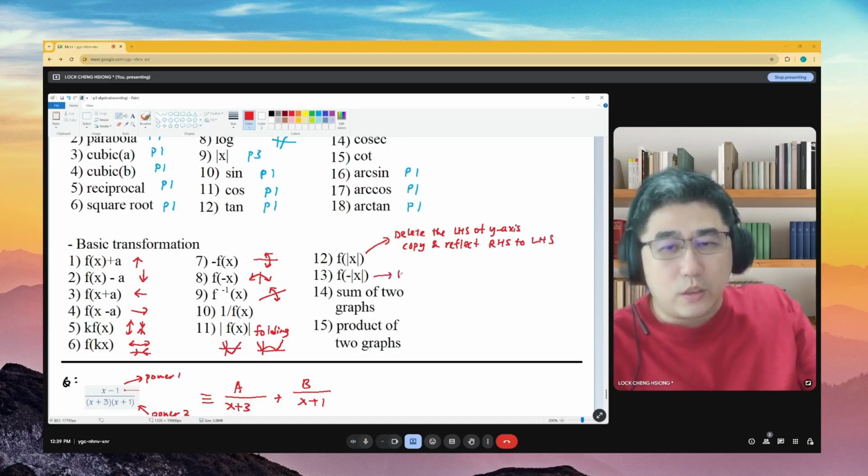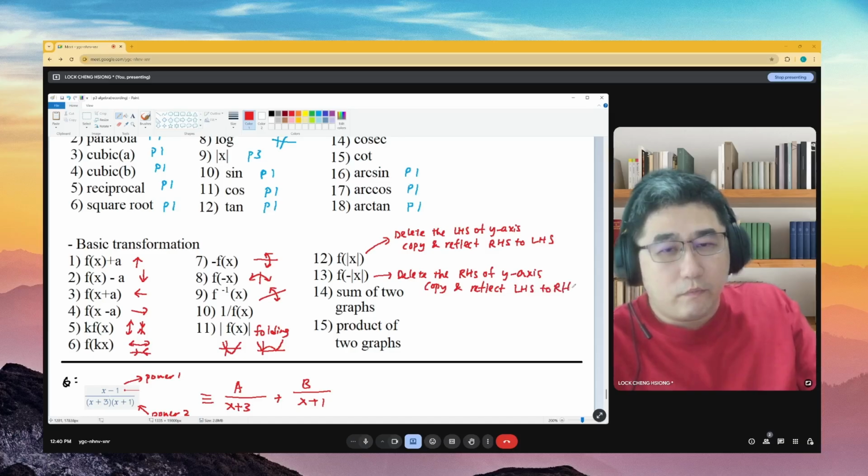And for this one, we delete the right hand side of the y-axis, and copy and reflect the left hand side to the right hand side.